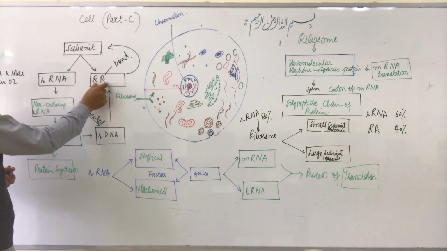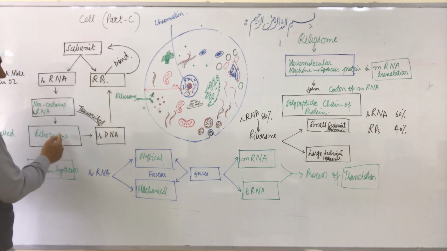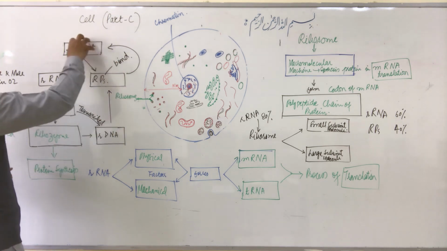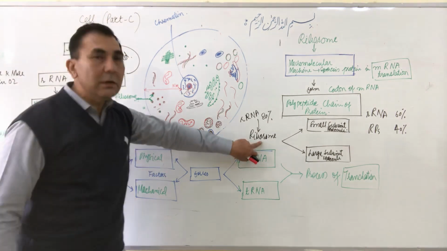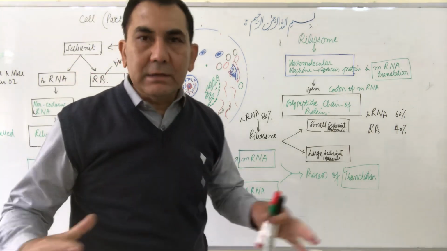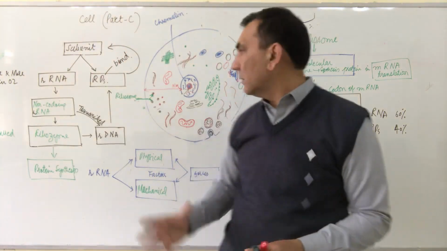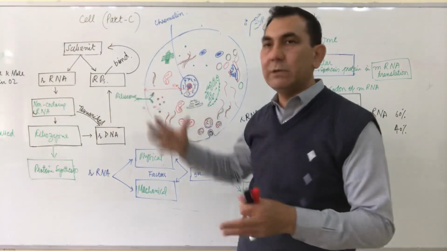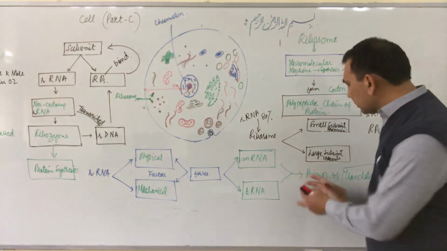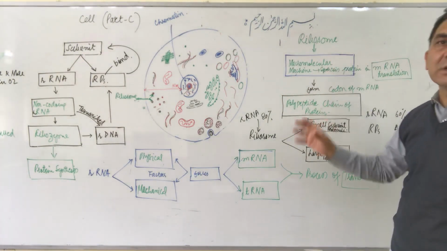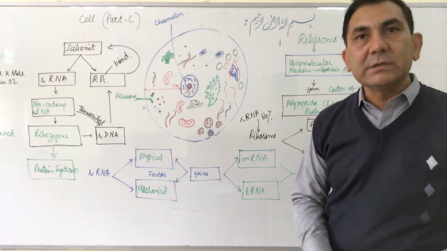This ribosomal protein binds with the ribosomal RNA and makes the subunit structure of the ribosomes. By this binding of the ribosomal protein with the ribosomal RNA, it completes the process of translation and makes the protein synthesis.